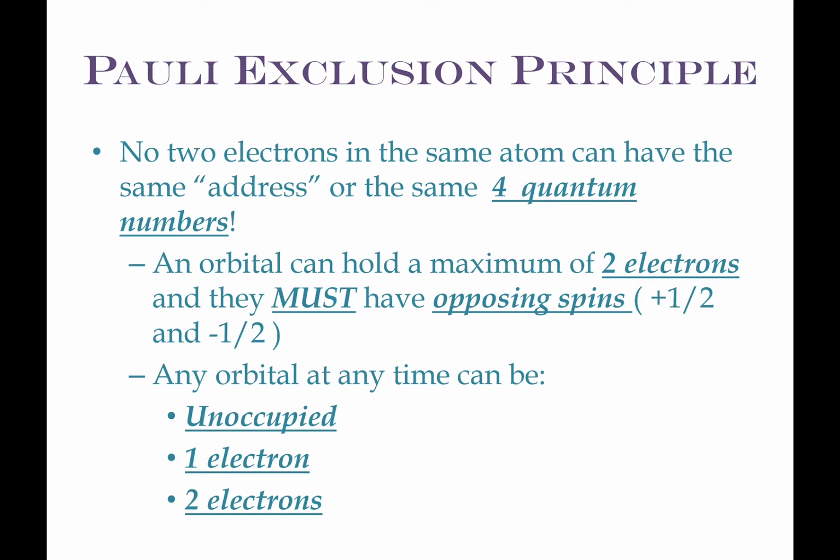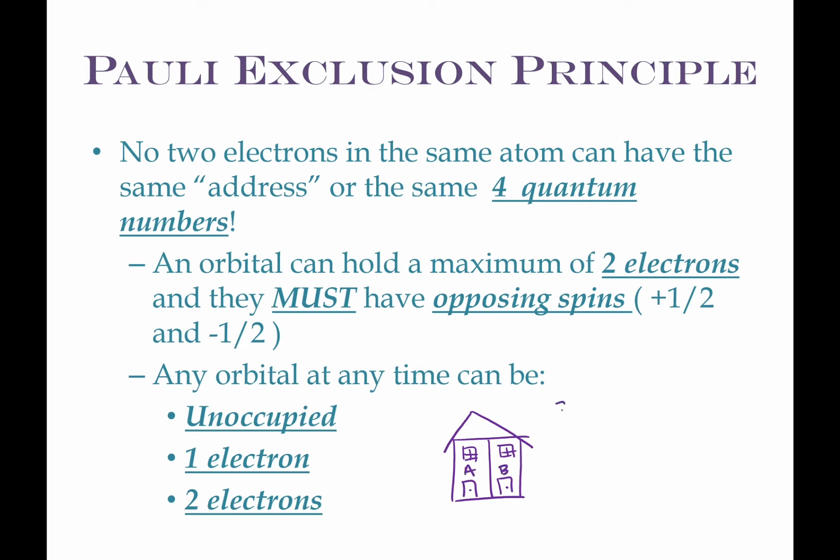The Pauli exclusion principle says that no two electrons can have the same four quantum numbers. We said that they can live in the same house, right? But it's got to be a duplex, and we have to have one spinning clockwise and the other spinning counterclockwise.